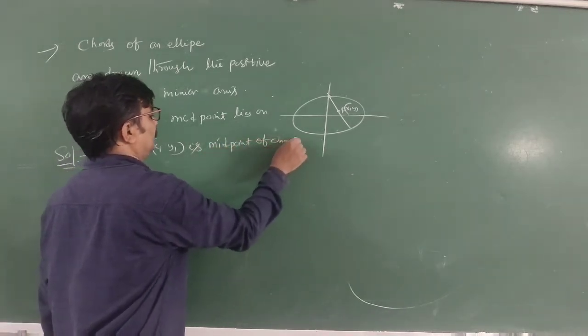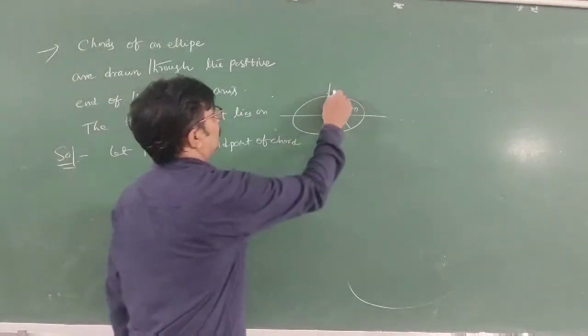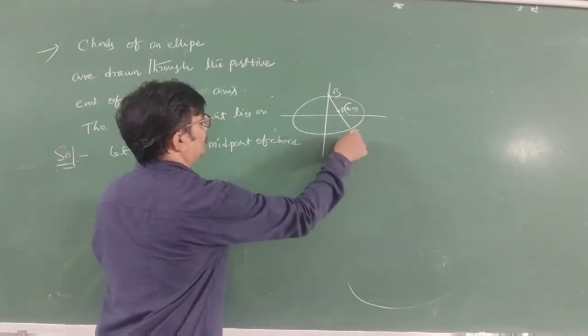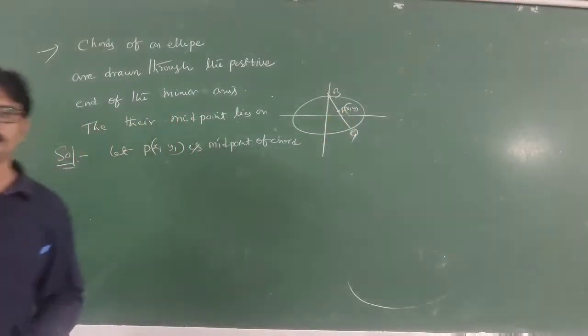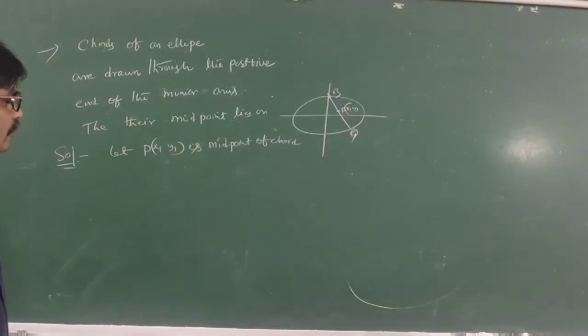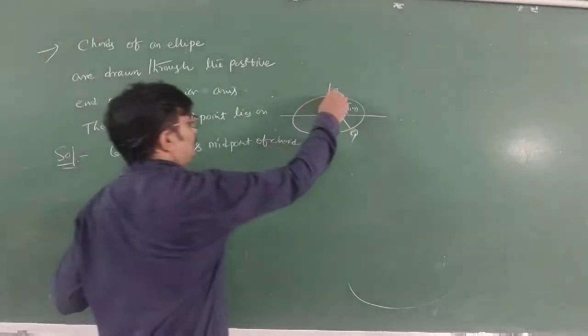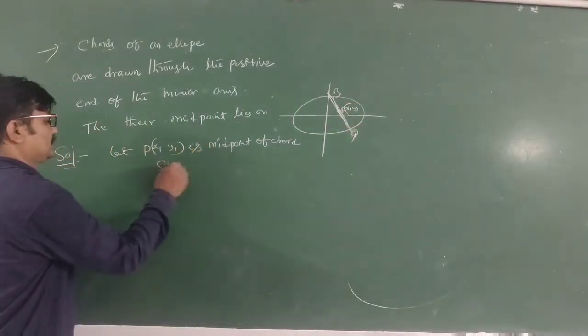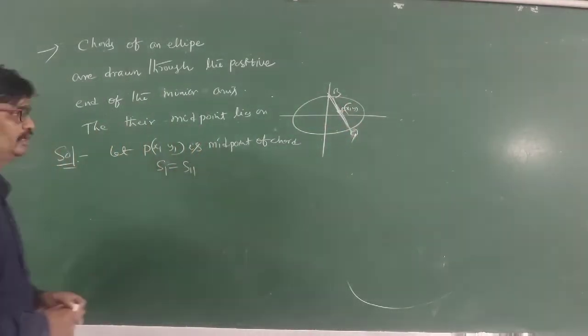Now the equation of the chord when you are taking the midpoint is S1 equal to S11.